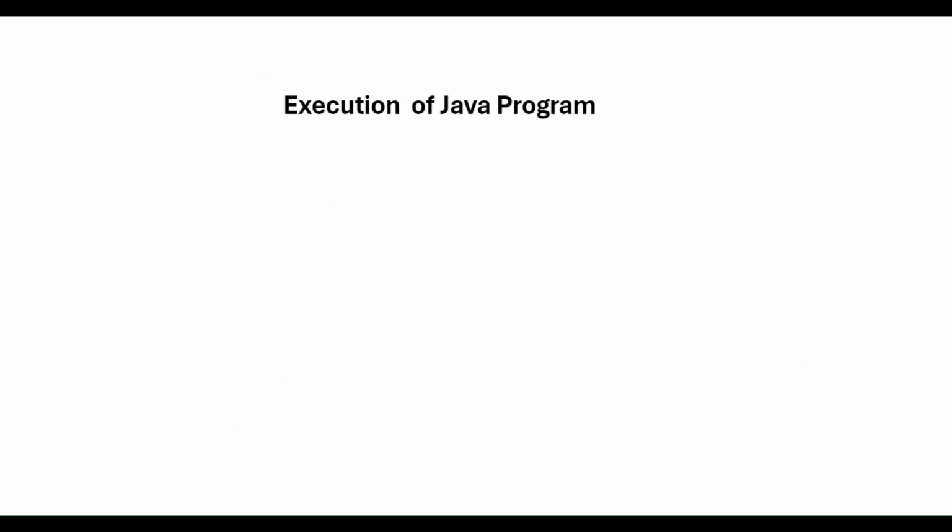So next, how to execute this Java program. For the execution of a Java program, we can use editors like Notepad or Notepad++. These are the basic editors, or we can use advanced IDEs.